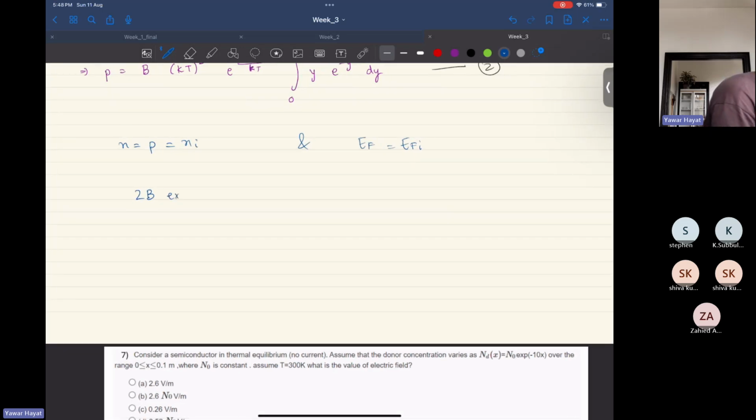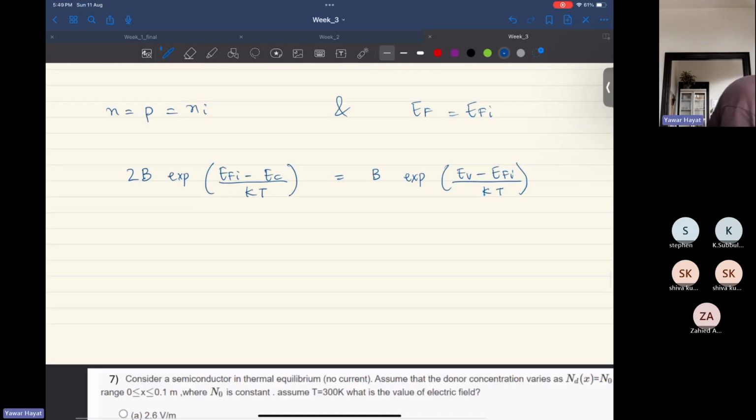2b exponential of (EFi minus EC) by KT, that is equal to b exponential of (EV minus EFi) by KT. So that gives us this one, which means B and B would cancel out, right?